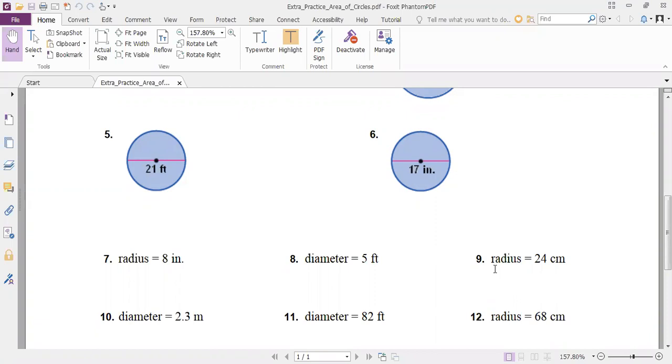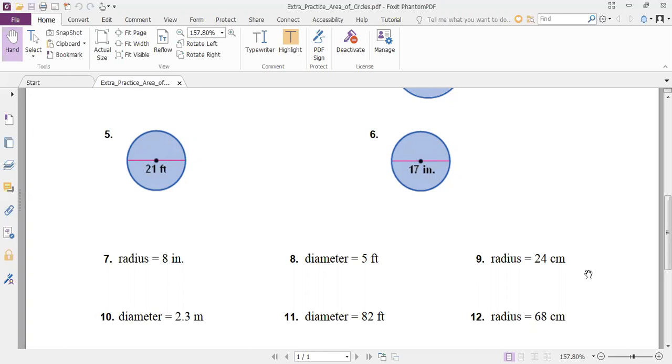If he gives me the diameter, I divide it by 2 and work. If he gives me the radius, I directly work. I will write this number as it is, and I don't think about the diameter at all.